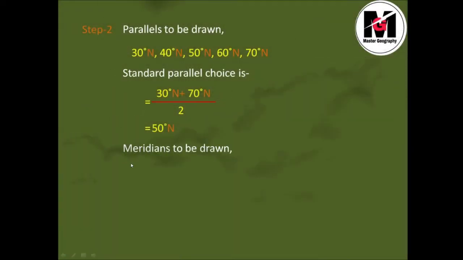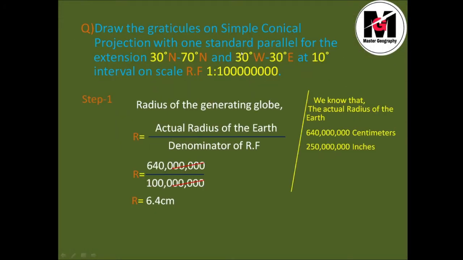Next, I will have to determine the longitude. We will write 10 degree interval to meridians. This is the same process. The longitude is 30 degree west to 30 degree east at 10 degree interval.